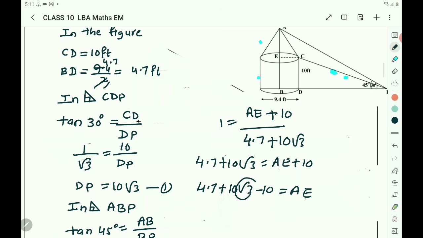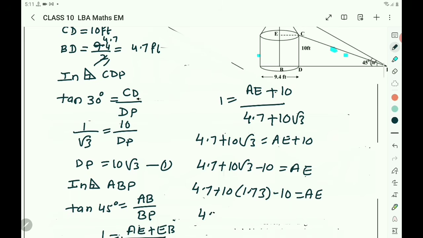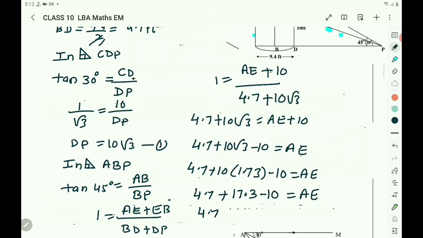Here actually the root 3 value must be given. 4.7 plus 10 into 1.73 minus 10 equals AE. 10 into 1.73 is 17.3. 4.7 plus 17.3 minus 10 is 7.3 equals AE.